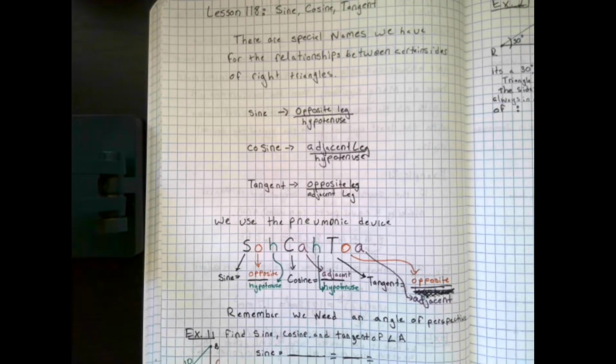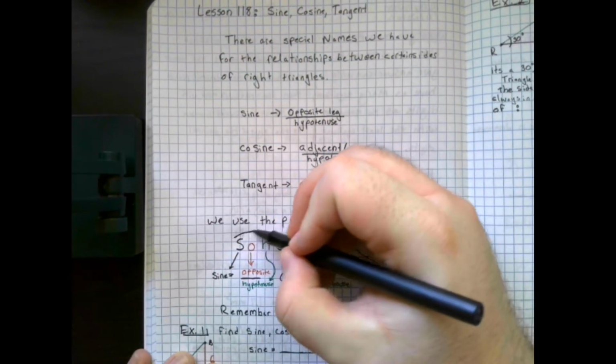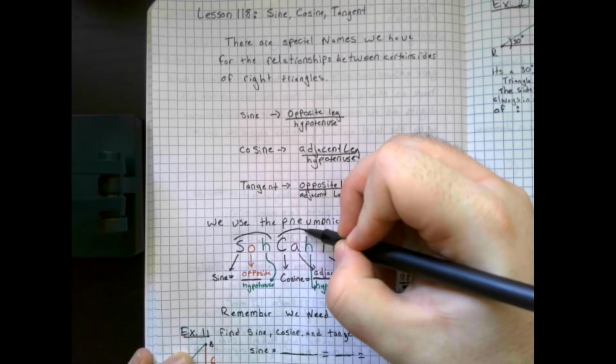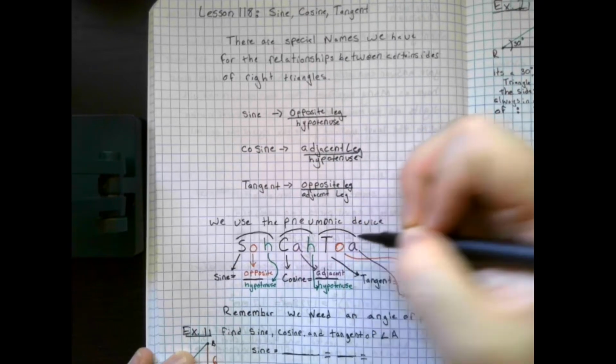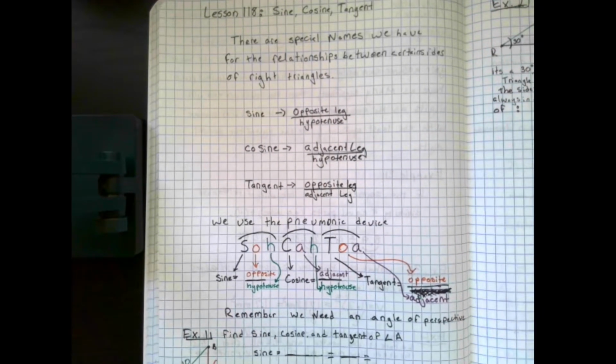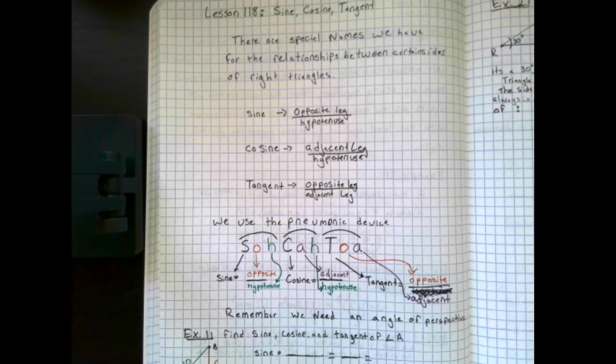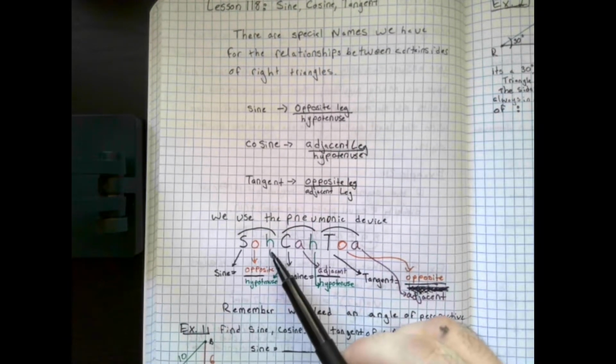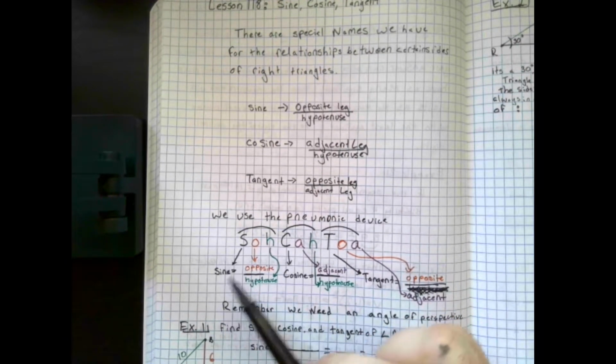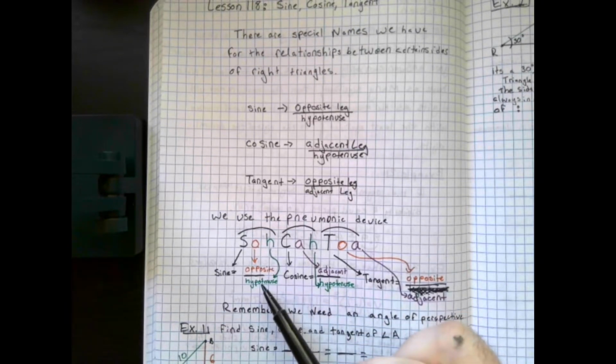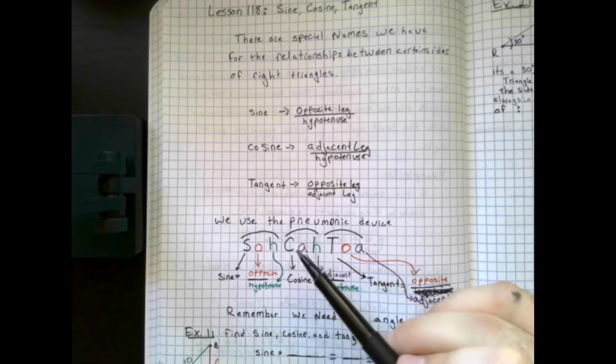Now, you want to separate SOH, CAH, and TOA as they each break off into their own equation. Here we can see that SOH is how we remember that sine is equal to the opposite over the hypotenuse.